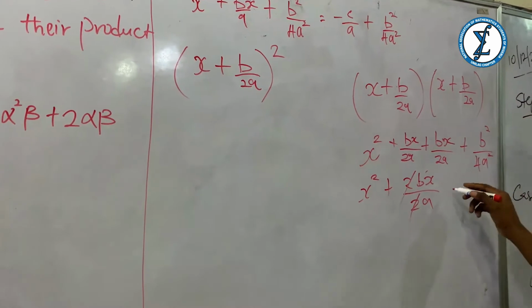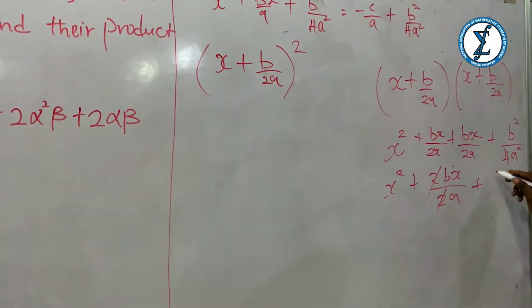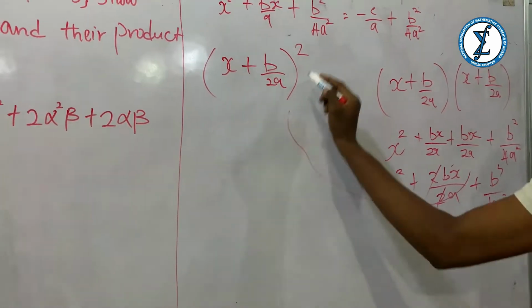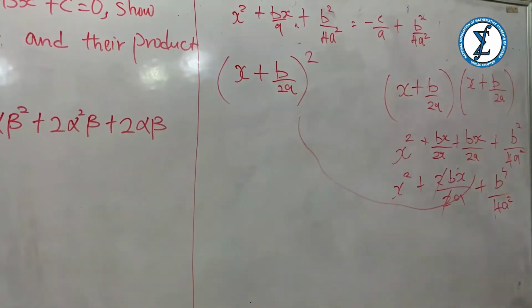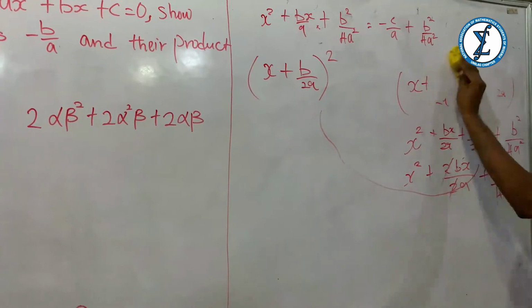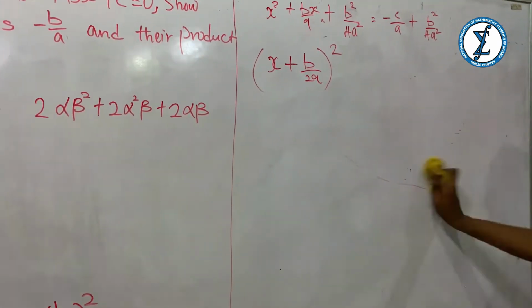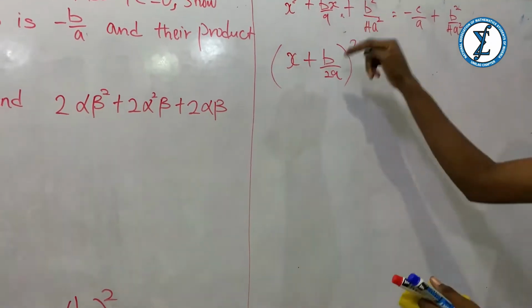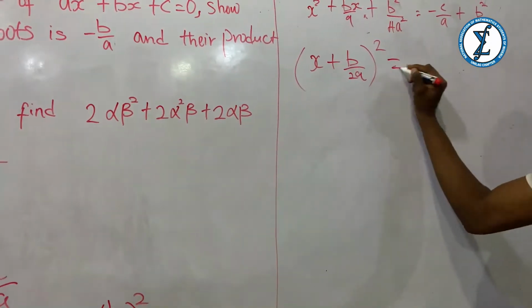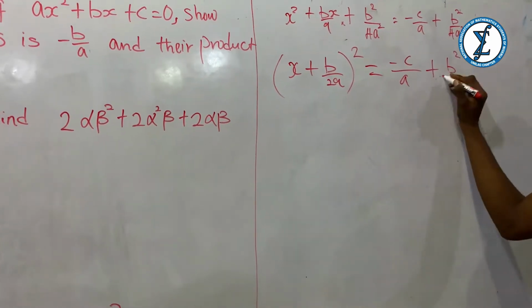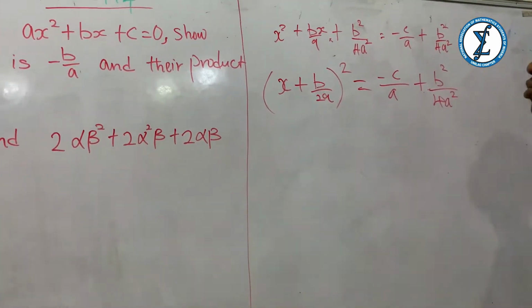This goes, and I'll have b squared over 4a squared. You can see that this is the same thing as what we have here. So we're correct. So we can write this as this, and then we equate it to minus c over a plus b squared over 4a squared.